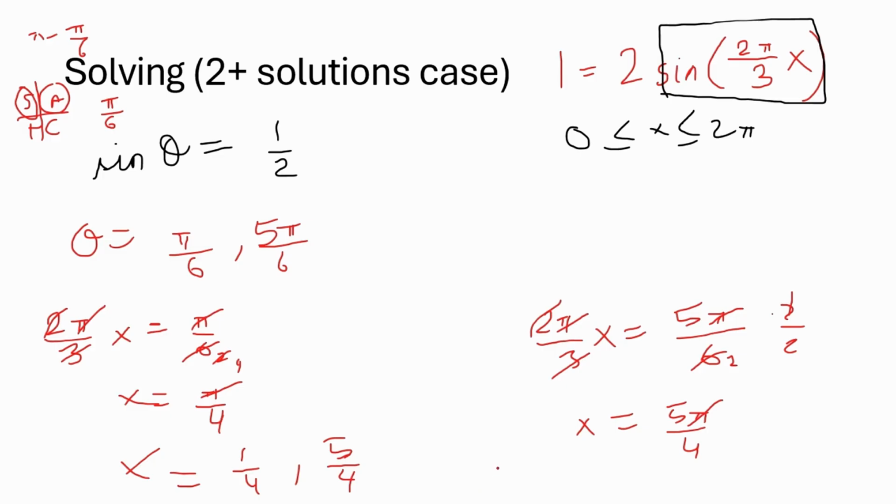But in these cases, especially when the pi's cancel out, always look for your period. Your period is 2 pi divided by 2 pi over 3, so that is equal to 2 pi times the reciprocal.